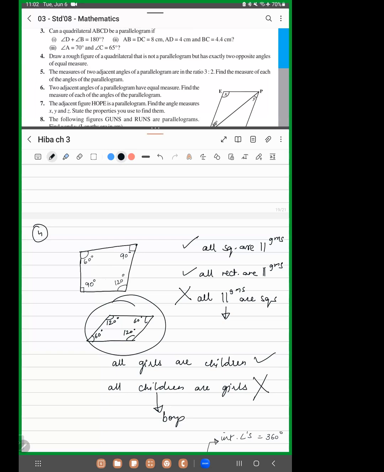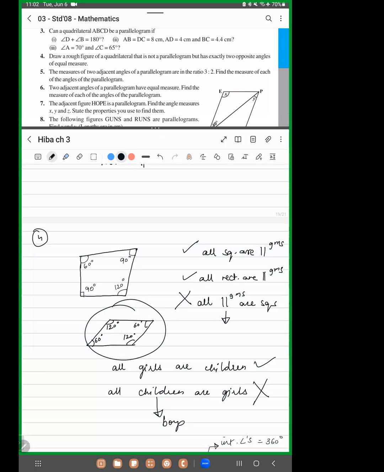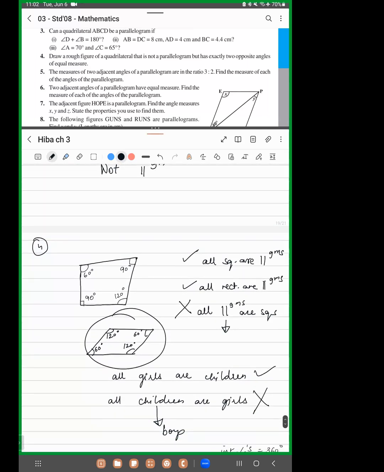Is it a quadrilateral? पहले ये check करिए. Yeah, it is a quadrilateral. Let me draw it like this.